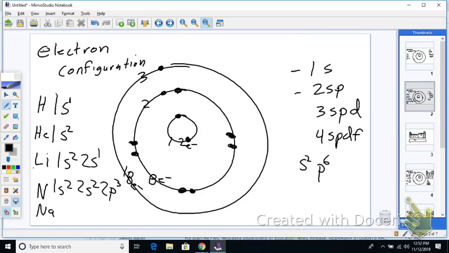So, look at this. We go in sequence. 1s, 2s, 2p, 3s, 3p, 3d, and so on and so forth. Okay? And then with the superscript, what we're doing is we're telling how many electrons are in that sub-level. Now, this can get really, really long and drawn out.